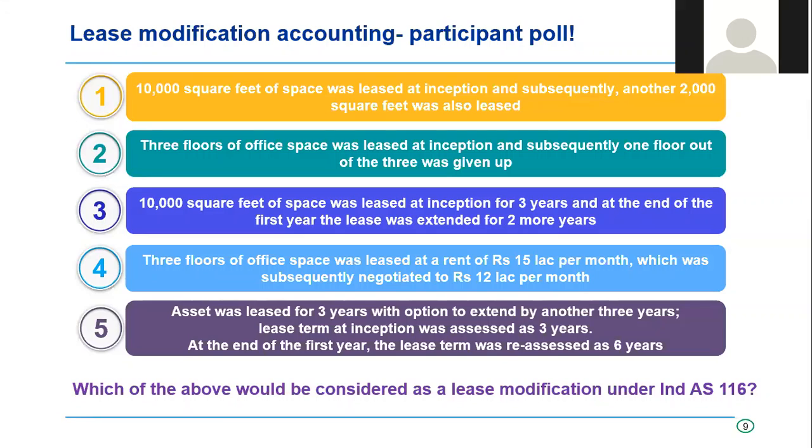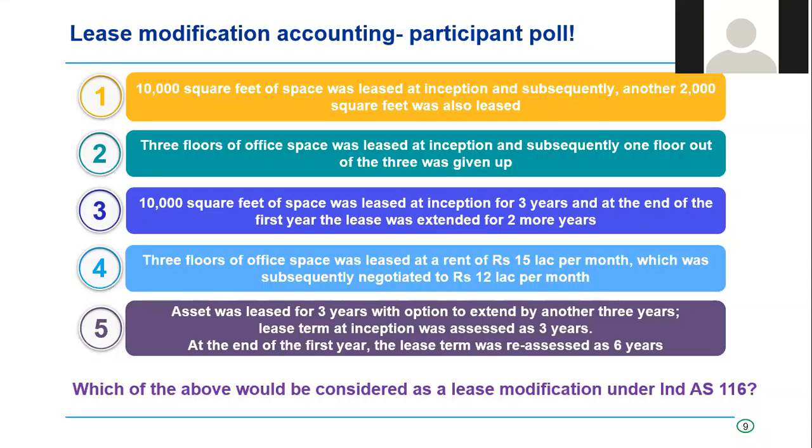The next one is 3 floors were leased at a rental of 15 lakhs. It was negotiated down to 12 lakhs per month. Now, if this negotiation was never a part of the contract at the beginning, then this change in the consideration is also an example of modification. The last one is where the contract itself had a provision for a lease of 6 years, with 3 years as the primary period or the non-cancelable period, and the next period of 3 years was an option to extend the lease.